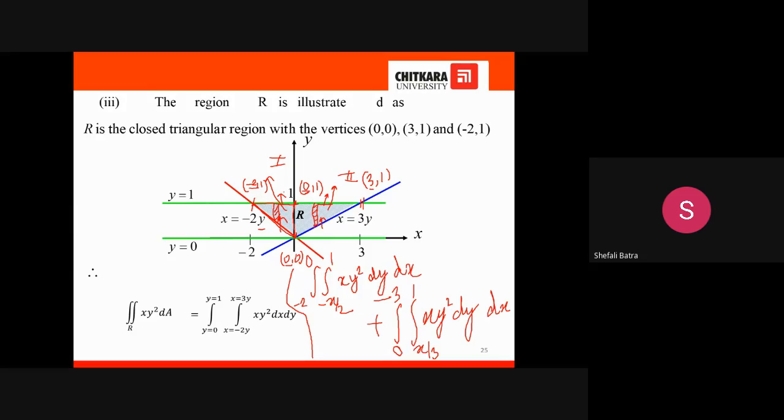Plus, again you are making a vertical strip here. So this limit would be y is equal to x by 3. Upper limit would be 1 and sliding this is 0 and this is 3. I hope it is clear, beta. Yes, ma'am. So you note it down and you can simplify it. Ultimately answer would be 1 by 2.